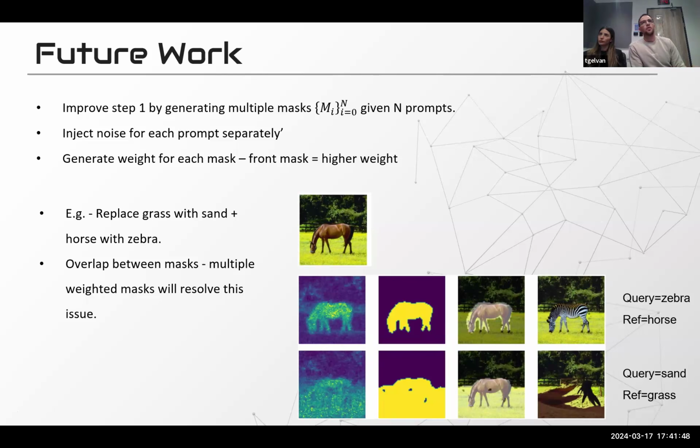So we suggest to improve step 1 by using multiple masks with n prompts. So we're actually doing the masking n times, and we inject noise to the input image, and then we pass the denoiser with n different prompts, and we generate a weight for each mask. And the idea is to get a higher weight for front masks.